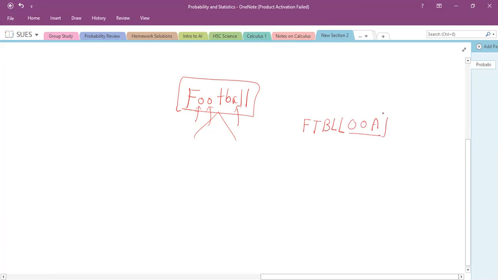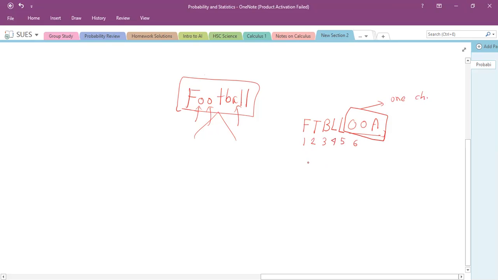So we just assume that these 3 vowels, as they are all together, are only one character. So now, how many options do we have? 1, 2, 3, 4, 5, and 6, right?